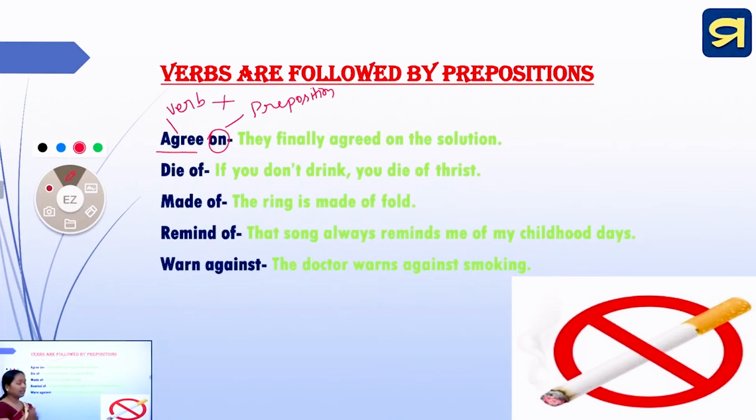They finally agreed on the solution. Next, die of. If you don't drink water, you die of thirst. This is your verb and this is your preposition. Next, made of.